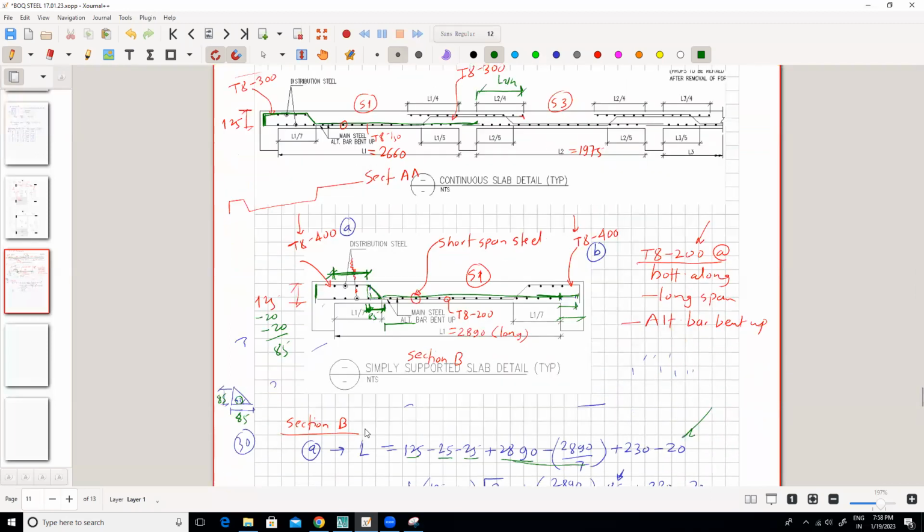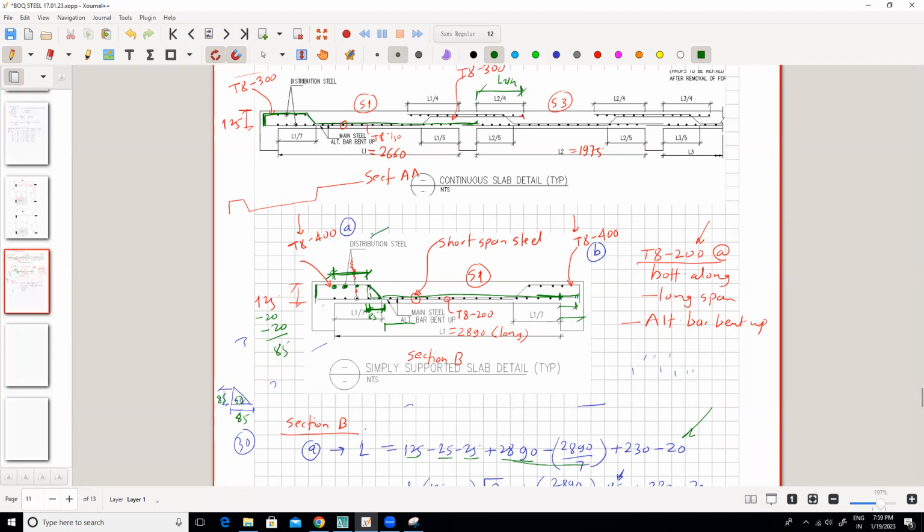Now there is a distribution steel, don't forget. When there is a bent up like this, we also provide the distribution bars. Yes, these dots. So these dots or these bars are straight bars actually.